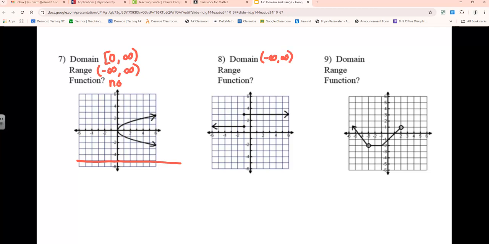Range is tricky on this. Anybody got an idea on what range should be? Feel like risking it all and throwing an answer out there? Okay. So if I'm starting down here, I don't touch the graph down here, right? I'm going to go up. I'm not tall enough to do it, but right here, I touch the graph.